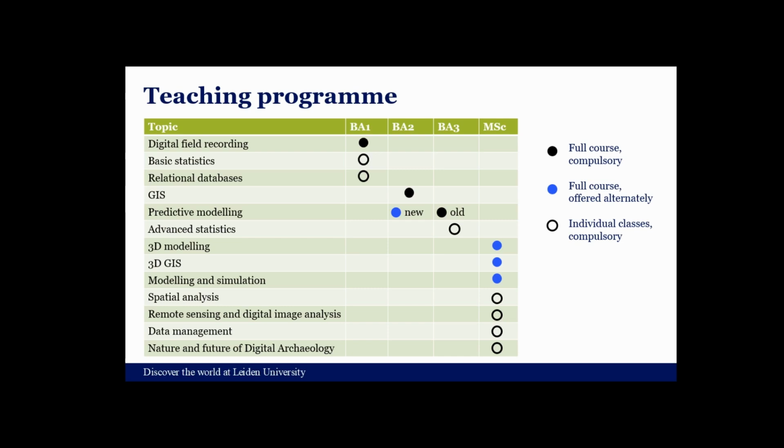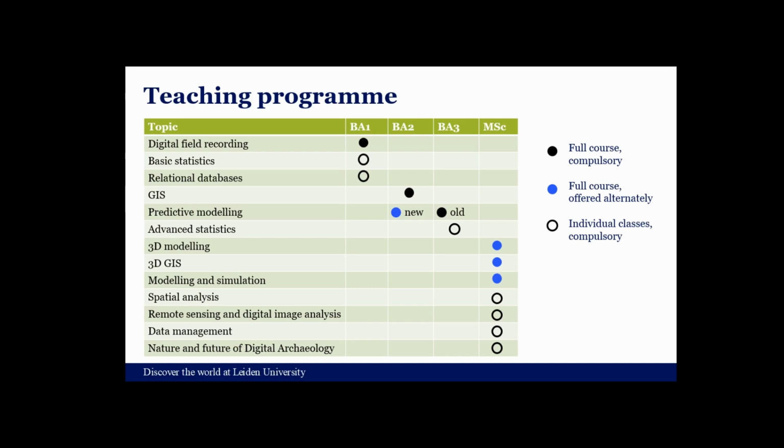And this is a very practical course, and this practical knowledge is then applied in the field school. And there's also a course with certain classes on basic statistics and relational databases, very simple level. It's basically teaching students how to collect data and sort them and do some simple analysis.